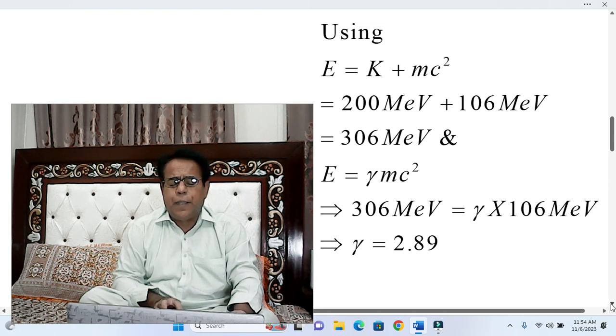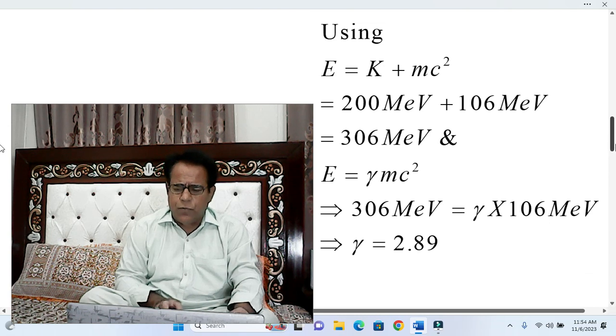Sometimes we can also denote this energy as capital E with K as a subscript of E. So E equal to K plus mc square. Here kinetic energy is given as 200 million electron volt, while rest energy is given as 106 million electron volt.